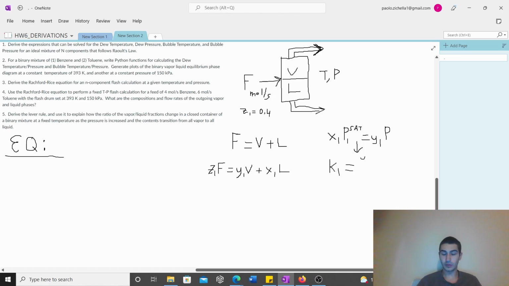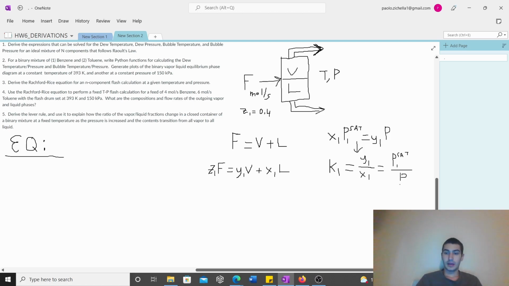We're going to have y1, which is the mole fraction in the vapor phase, divided by the mole fraction in the liquid phase. This also equals the pure saturated component pressure divided by the total pressure, right?